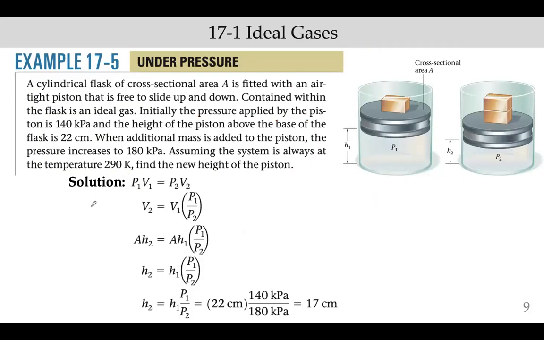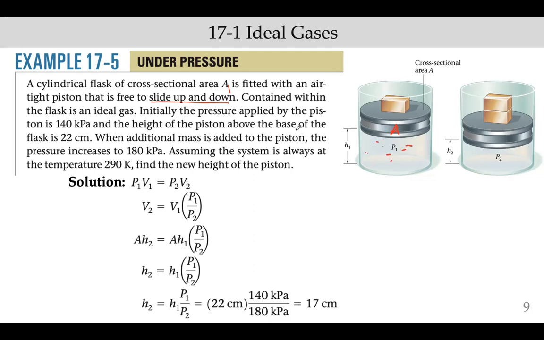Okay, so here is an example. A cylindrical flask of cross-sectional area A, so this area is A, is fitted with an airtight piston that is free to slide up and down. This is the piston, this dark gray one. Contained within the flask is an ideal gas.